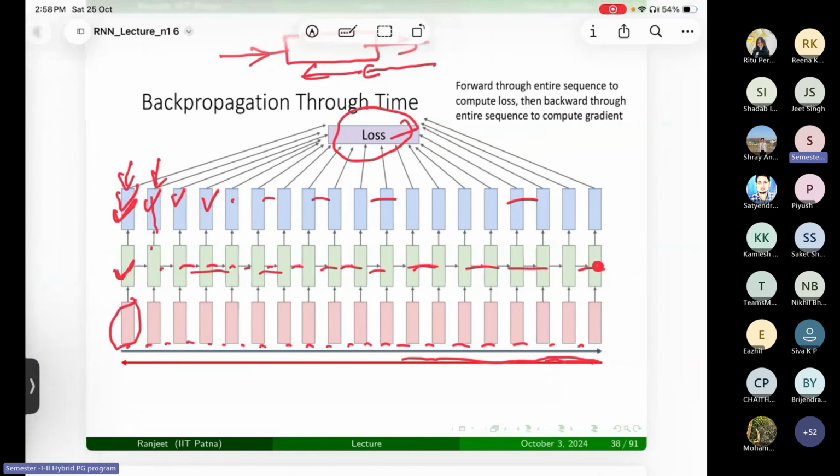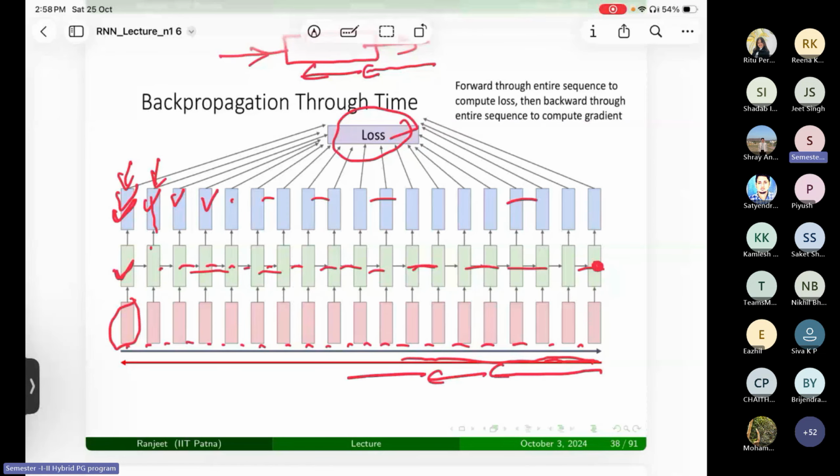Now if you are going back, again you have to traverse through the states, and you know that at every state the W's are the same, because W's are shared across the states. So you just have to update the W. If you update the W just at the end, that's also fine, because you are going to update the same W every time.